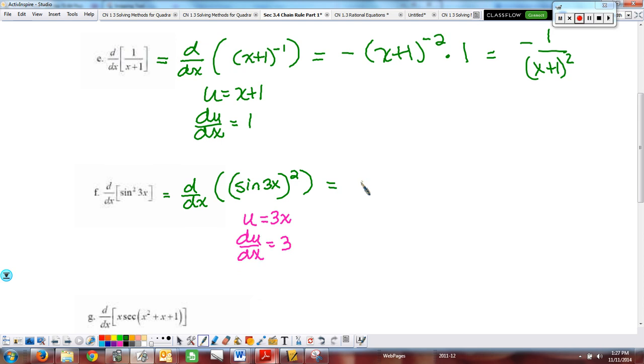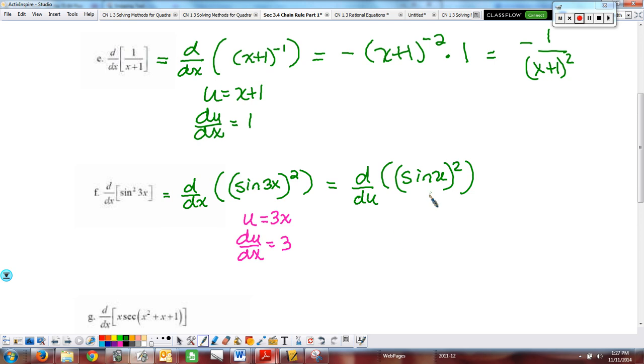Okay. Now I'm going to come out and say, well, if I'm taking the derivative of this, then I would think of this as the derivative of sine of u squared. And then I realize, oh, wait a minute, I've got to keep going here. So now I need to figure out the derivative with respect to u of sine of u squared.